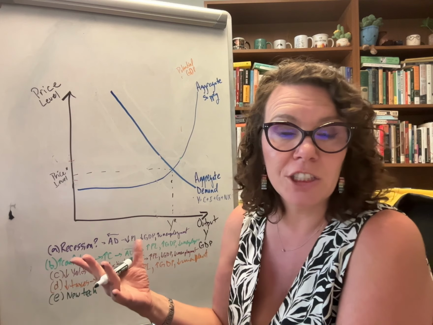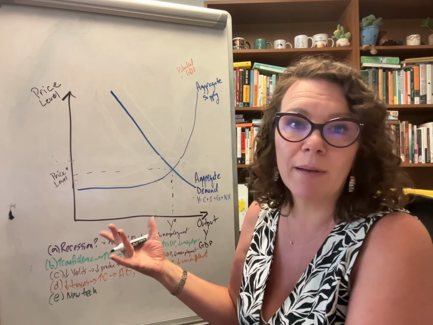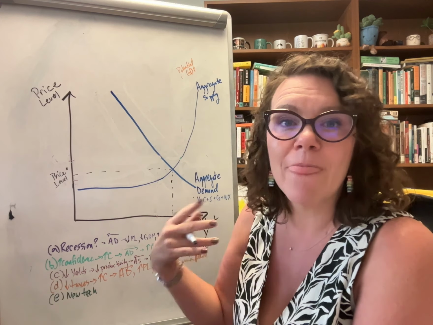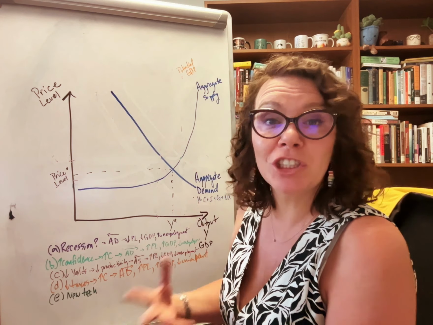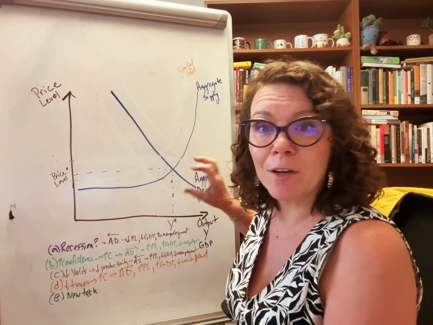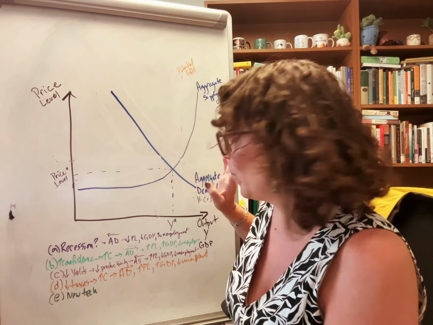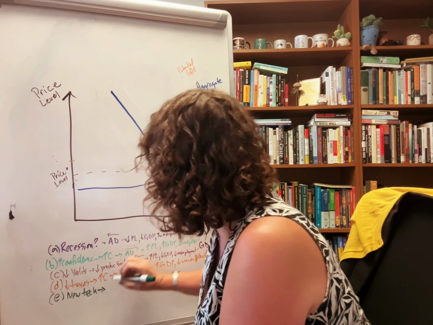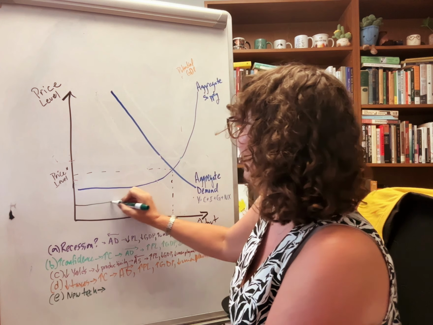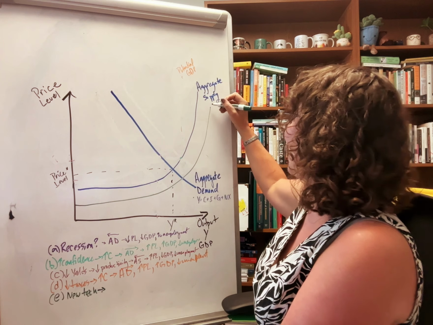So new technology emerges, it makes computers twice as powerful and half the price. That's going to make us more efficient. It's going to mean we can produce more goods and services with the labor and the natural resources and the capital we already have. So new tech is going to increase our productivity and shift aggregate supply out.